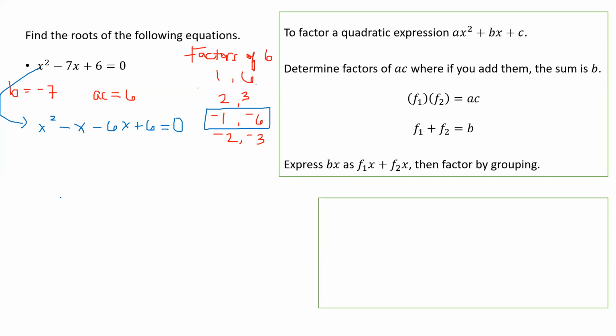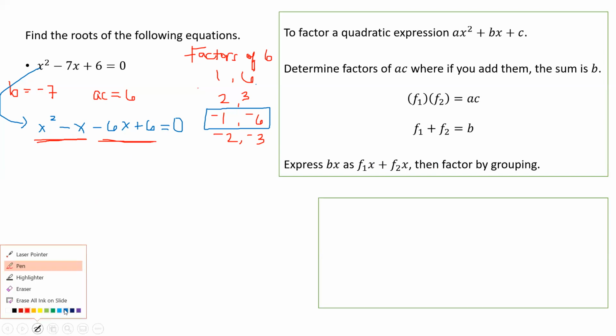Now we can pair, it said here, factor by grouping. We can pair the first two terms and the last two terms together. Both of these terms have x, so we can factor x out. So we will get x times x minus 1.